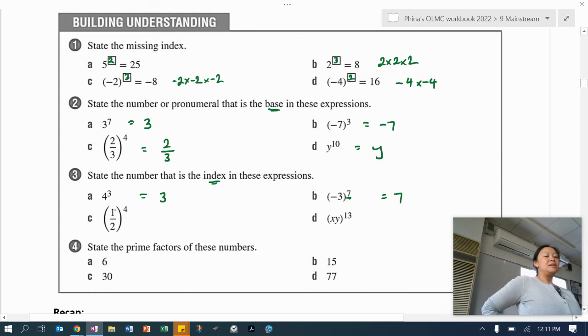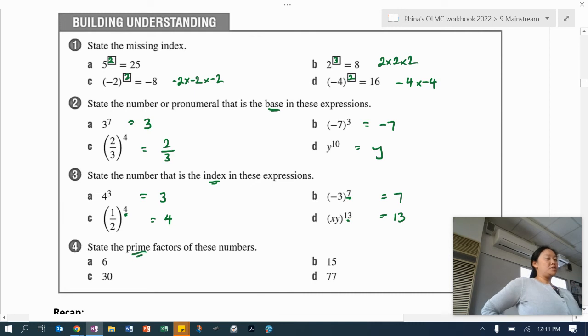Okay. C, what's the index in that? 4. Okay, so it's to the power of 4. What is xy to the power of in D? 13. Okay, so that's the index. I might leave number 4 and I'll come back to that.